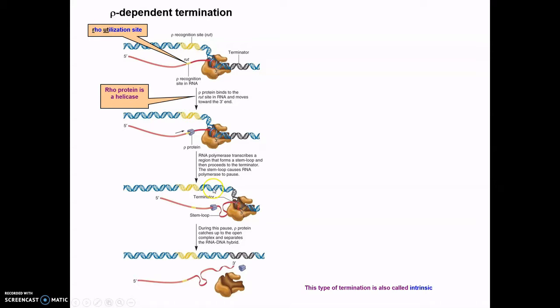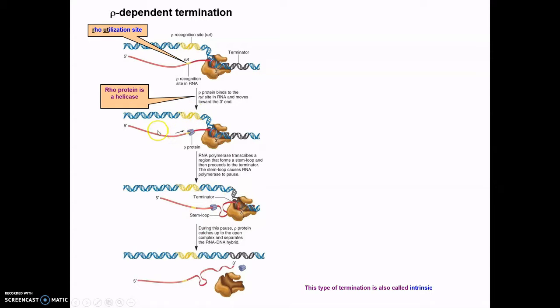So within the DNA, there is a complementary sequence here and just downstream here that will cause the stem loop to form. This stem loop will bind the polymerase and cause the whole thing to pause. That pause allows the Rho protein to catch up and then disassemble the complex.